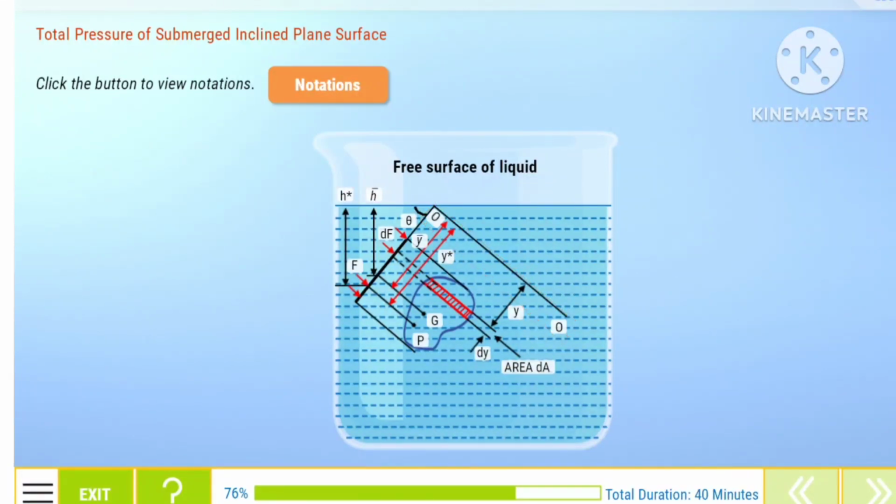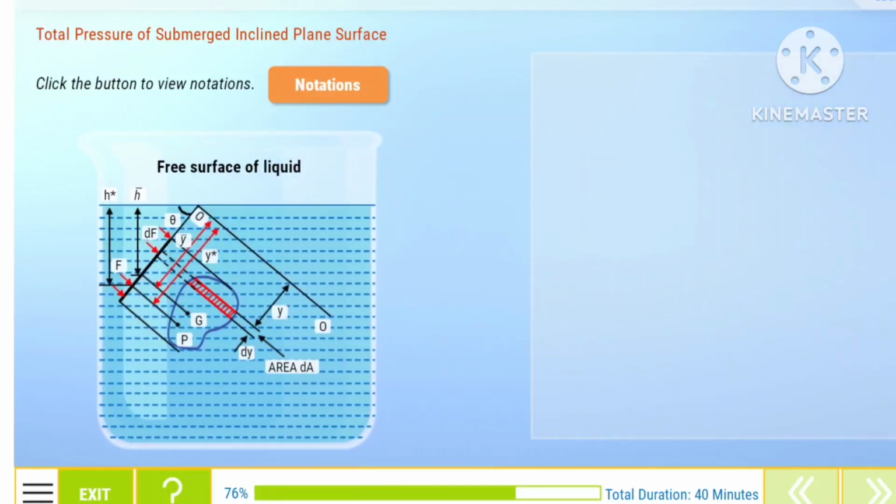The pressure intensity on the strip P is equal to rho into g into h. Therefore, the pressure force dF on the strip is equal to P into area of strip, which is equal to rho g h dA.